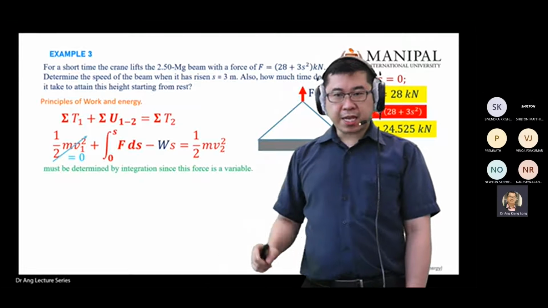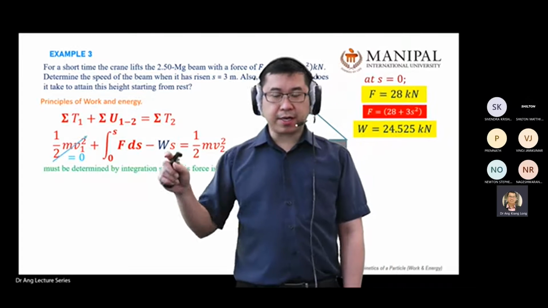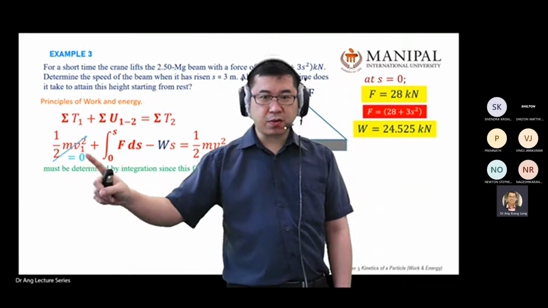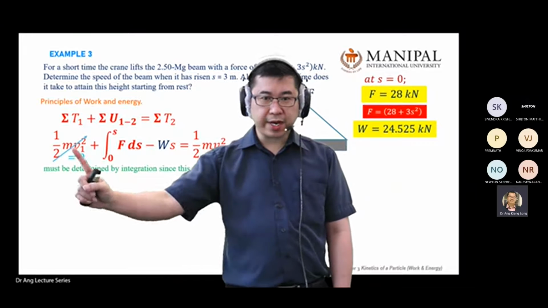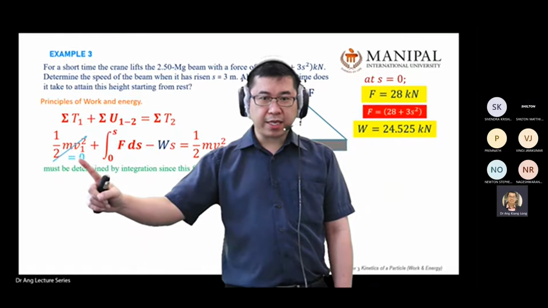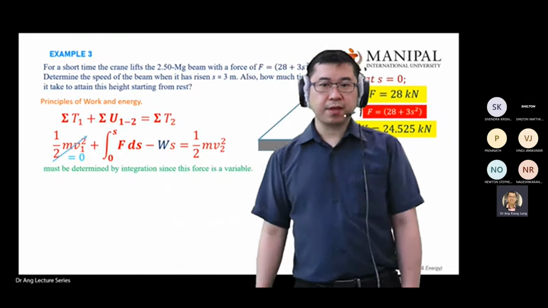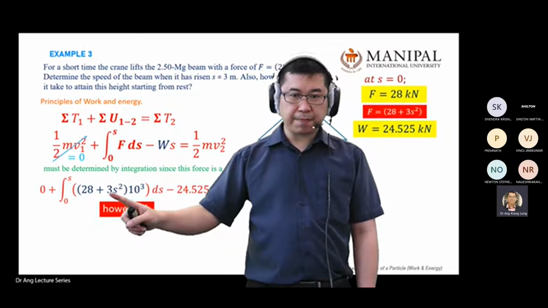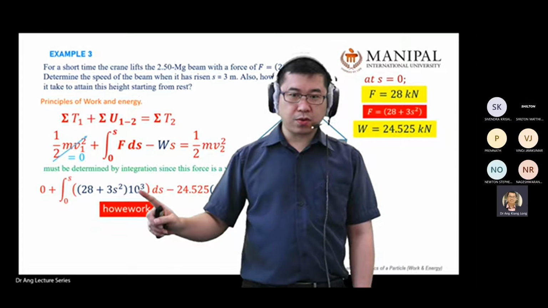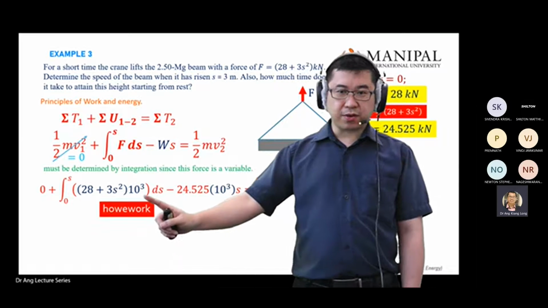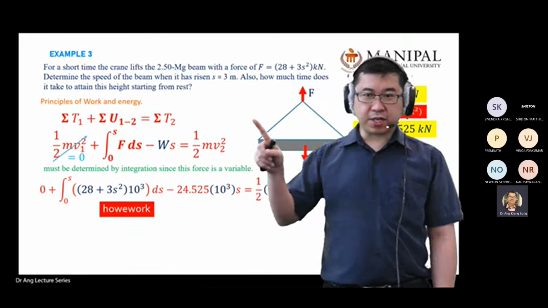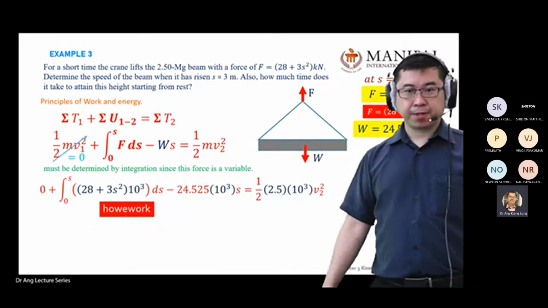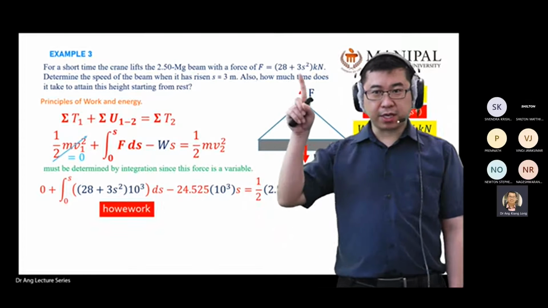In your workout or in your handouts, in your answer, you can use an arrow to cancel and write equals 0. You do integration. This one, you substitute the equation 28 plus 3s kilonewton. That's why there is a 10 power 3 there, because it's kilonewton.